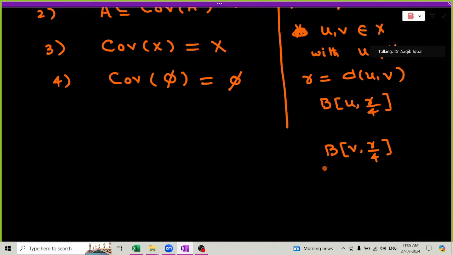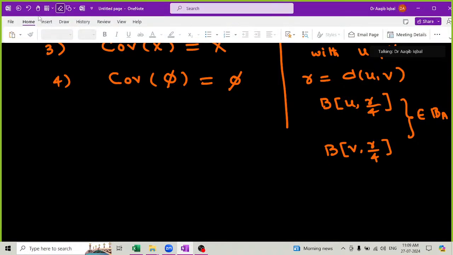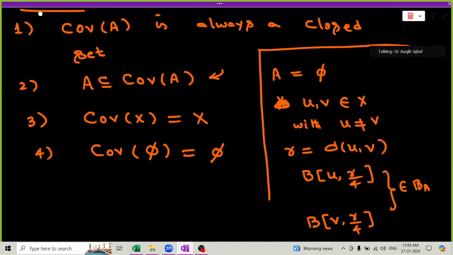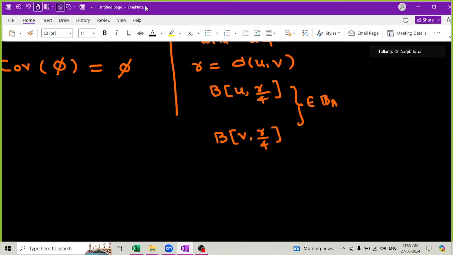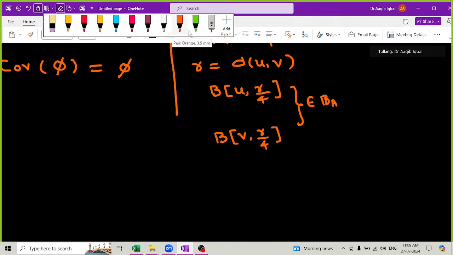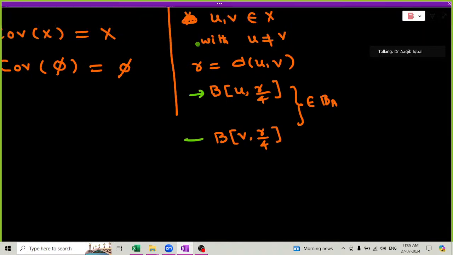Now you can see that both these balls belong to boldface B sub A, where boldface B sub A is the collection of all possible closed balls containing A. What is A in this case? A is the empty set. Empty set is a subset of every set, so that means empty set is a subset of both the balls. Subset of both the balls means both the balls are in B sub A.